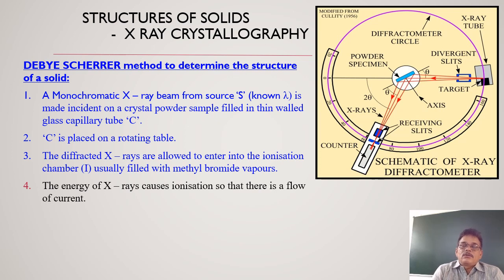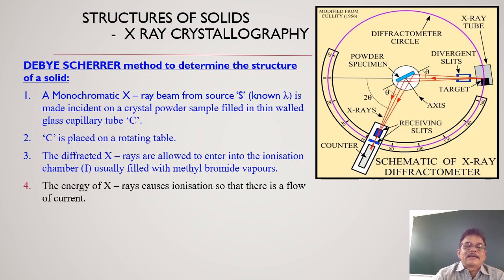X-rays have a range of wavelengths. If a particular wavelength of X-rays is taken, they are called monochromatic X-rays. What is C? C is the capillary tube which contains the crystal powder. This is placed on the rotating table.